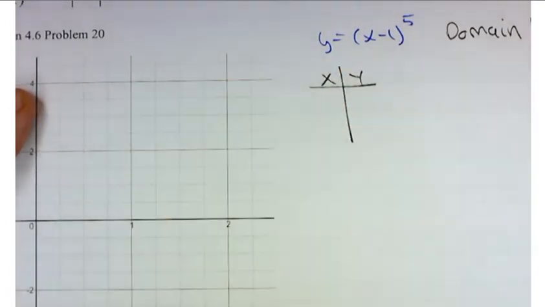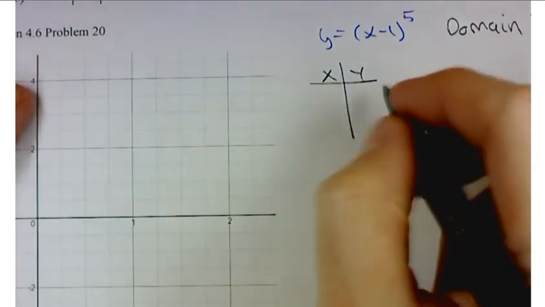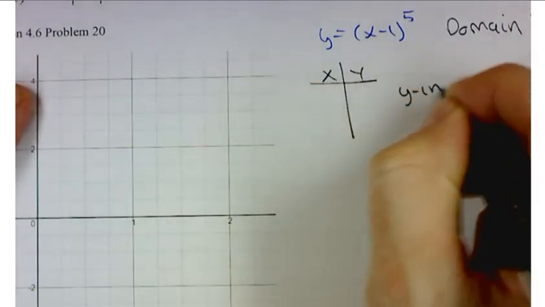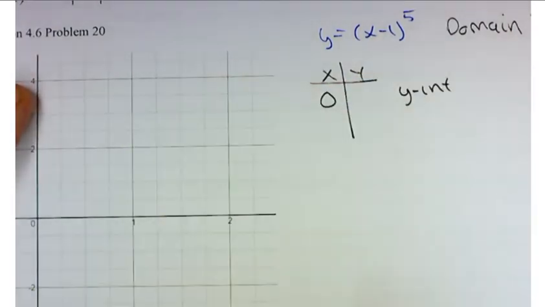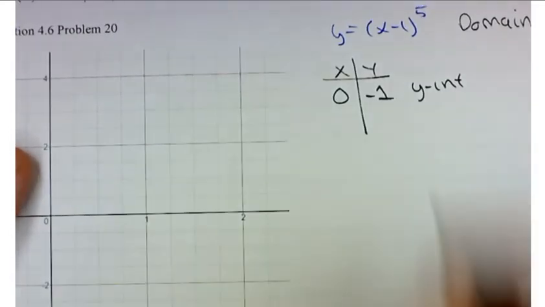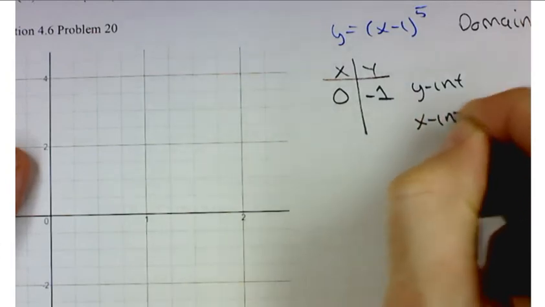Let's try and find the y-intercept. How do you find the y-intercept? Good. If you set x equal to 0, what do you get for y? Negative 1. Let's find the x-intercept.